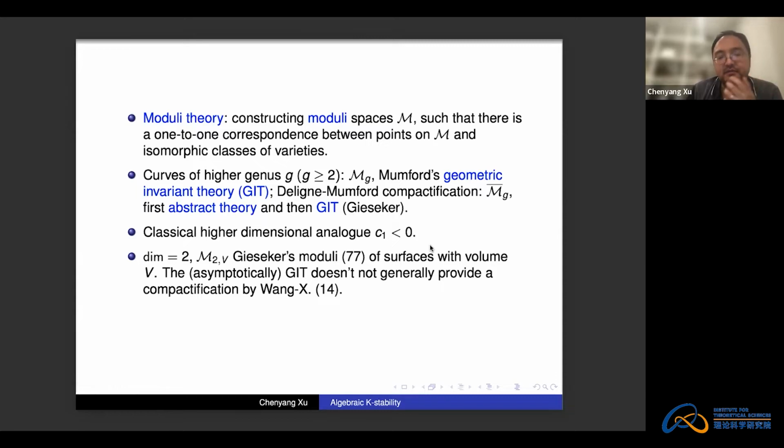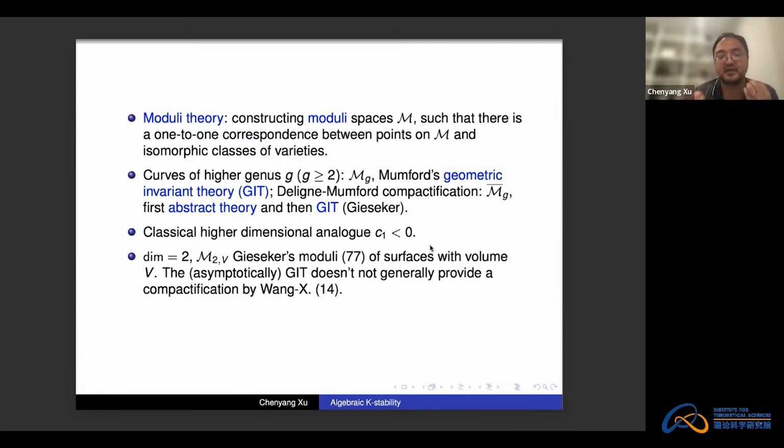If you are a geometer, you of course know that moduli theory is one of the most important tools in algebraic geometry. If you are not an algebraic geometer, roughly we just construct a space such that the points on the space precisely correspond to the class of objects in which you are interested.